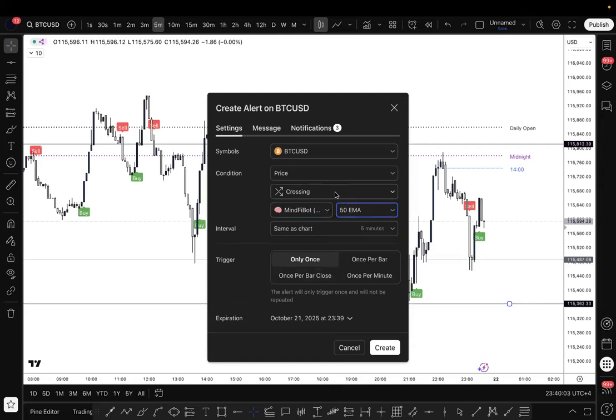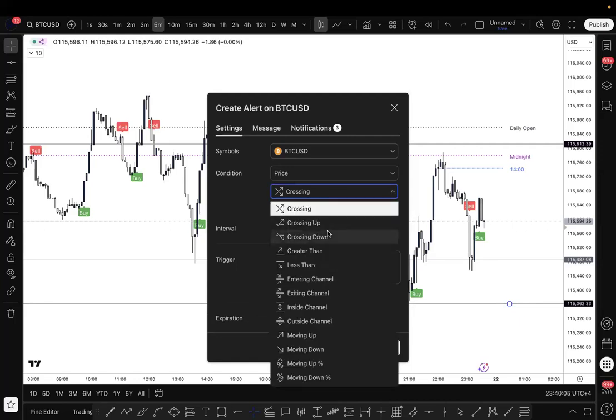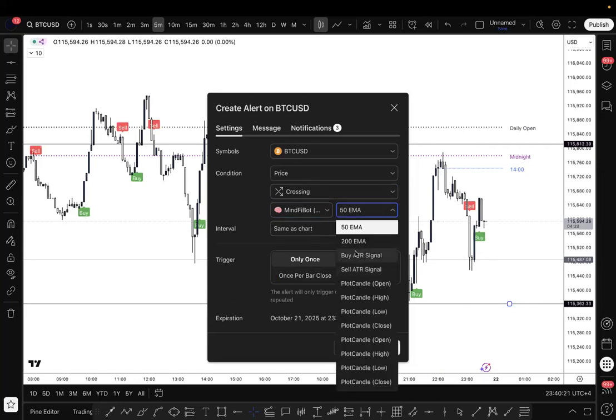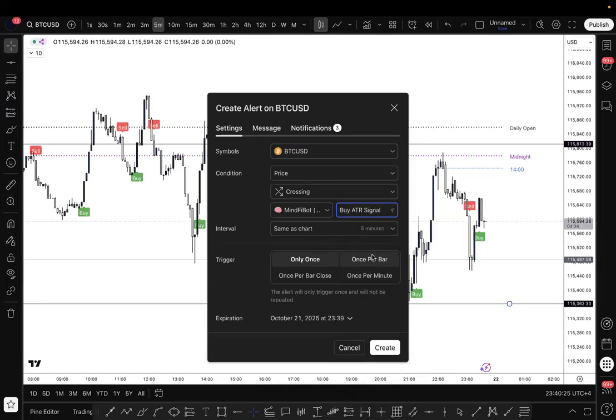Then also you change this crossing here, right? You change this crossing, right? So when you do that, when you create an alert, any time it gives any indication, it's going to alert you. You understand? So you make sure that under this 50 EMA, you change it to either buy or sell.